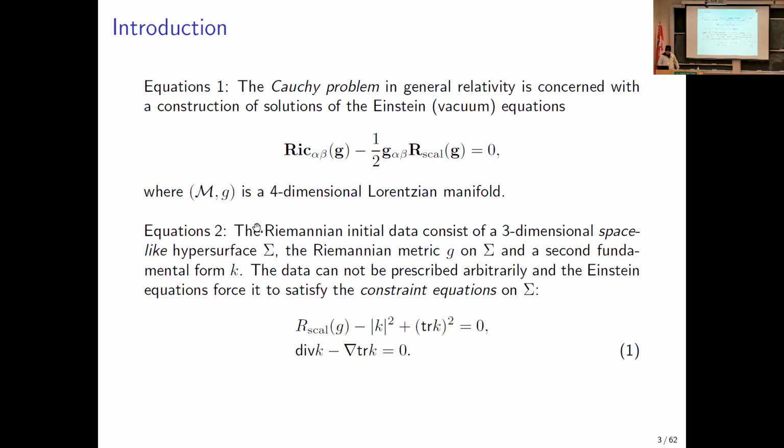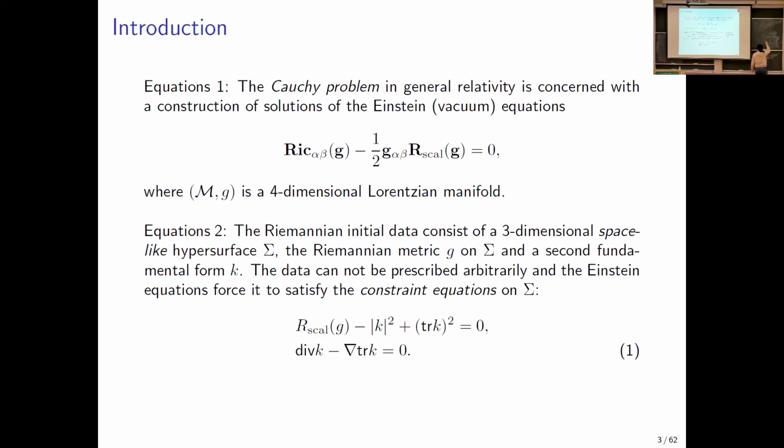Another equation that you could try to glue is something you obtain as a subset of this set, which is what we call the Riemannian constraint equations. So what are these equations? They're simply the following. The Einstein equations are satisfied in a Lorentzian manifold. Let's say this is the time-like direction, this is the space-like direction.